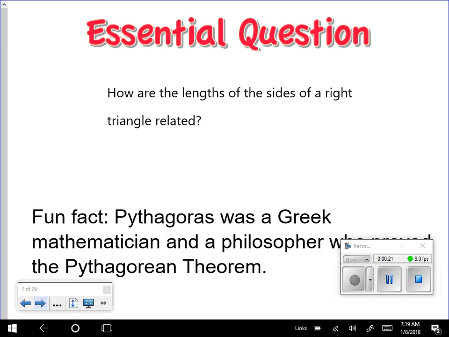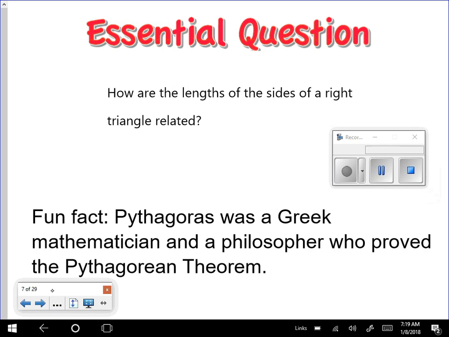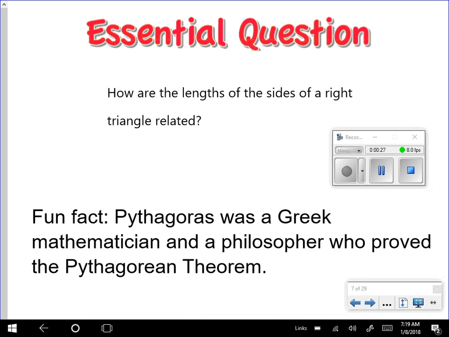Just to kind of introduce it, it actually was founded, I guess, or proven by a Greek mathematician and philosopher named Pythagoras. If you wanted to look up anything about him, the theorem is obviously named after him.